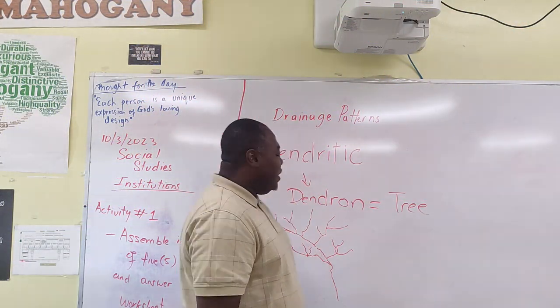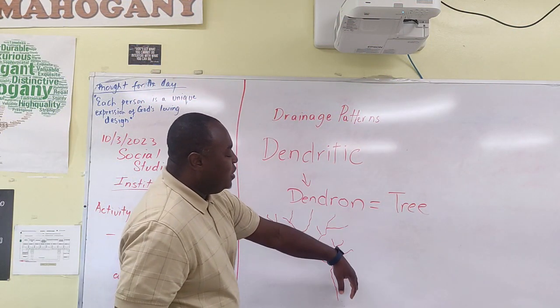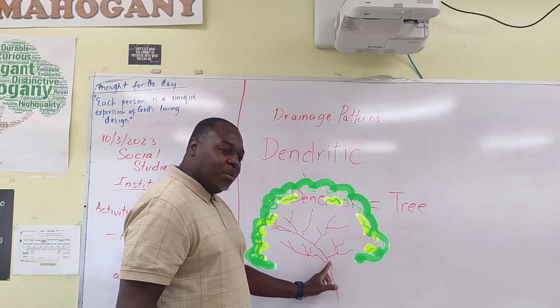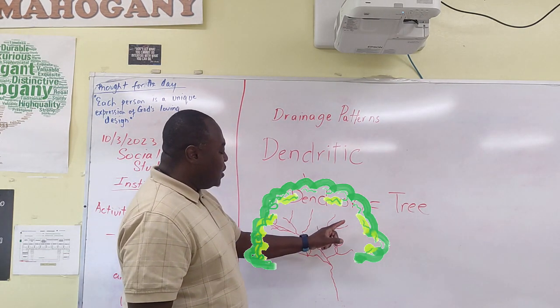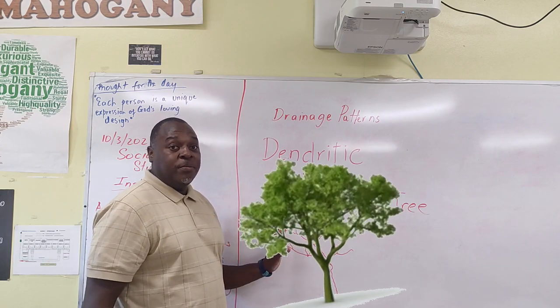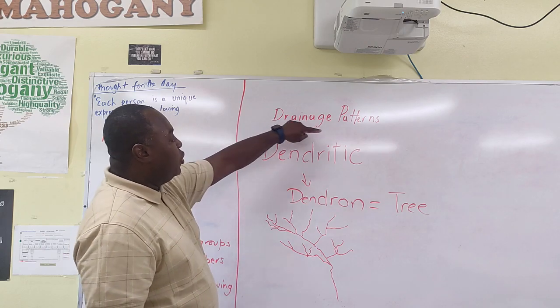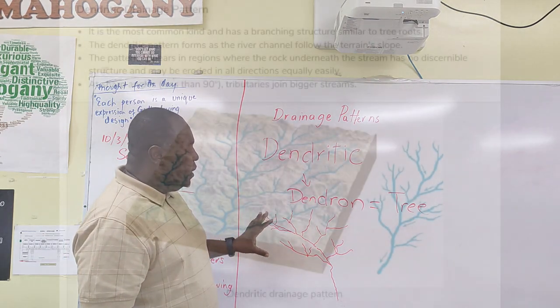So maybe if it had that green area all around it, it will look like a tree. And this looks like the main trunk of the tree, and these are the branches of the tree. Cool? So this is what a dendritic drainage pattern looks like.